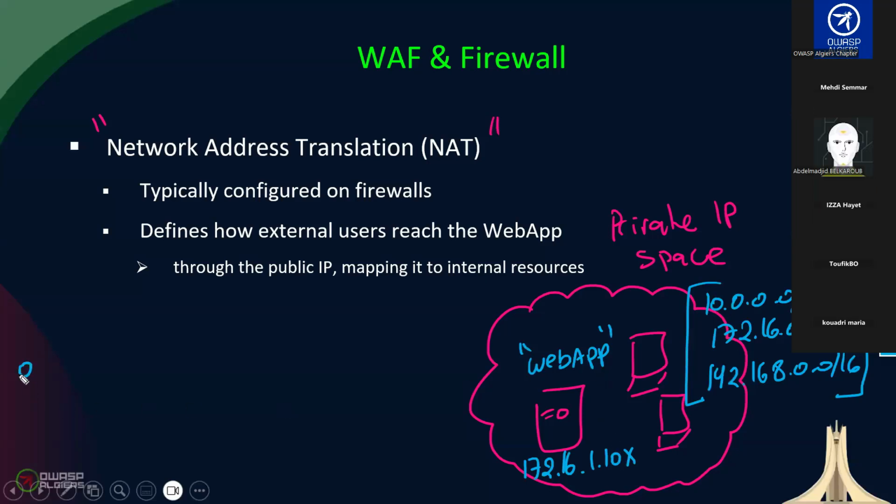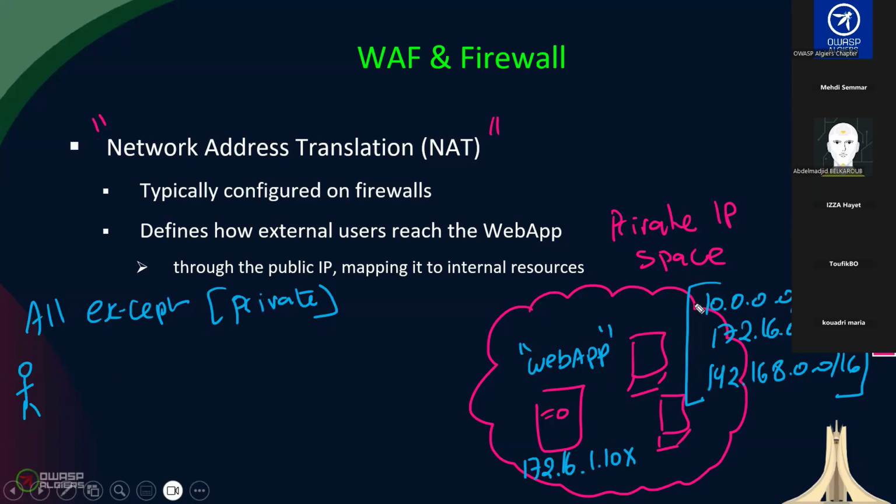Now, people from the internet always use public IP addresses, which are all IPs except the private space. All the IP addresses you can imagine are part of the public space, but only these are part of the private.